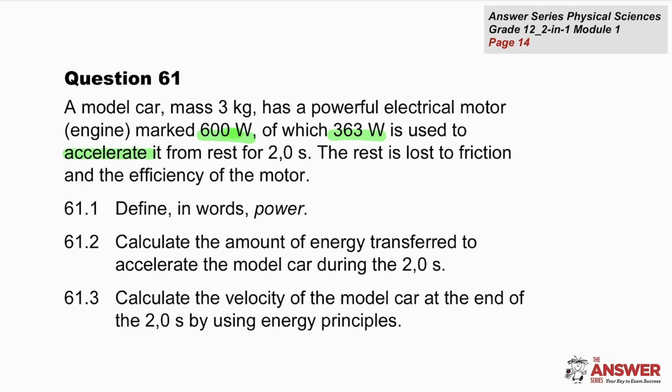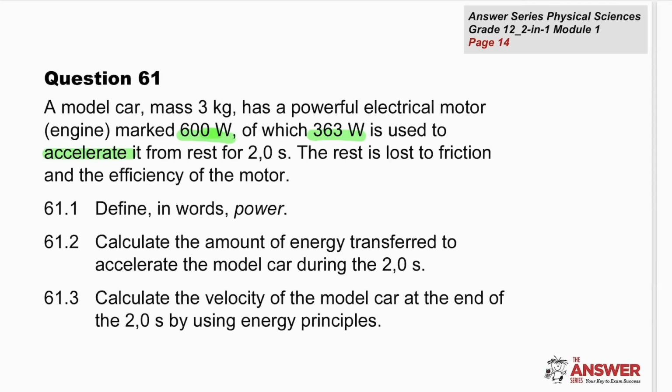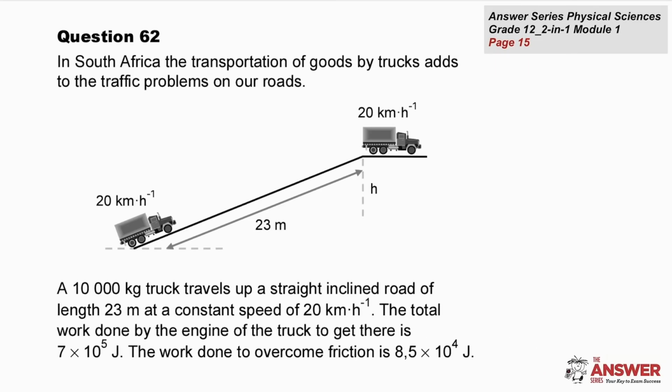We have to define power in words, calculate the amount of energy transferred during the 2 seconds, and the velocity at the end of the 2 seconds using energy principles. In question 62, there is no acceleration, so no change in kinetic energy. But there is an increase in potential energy, and some energy is lost to friction.